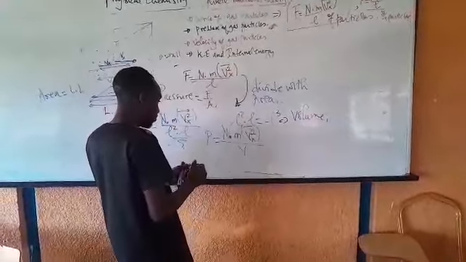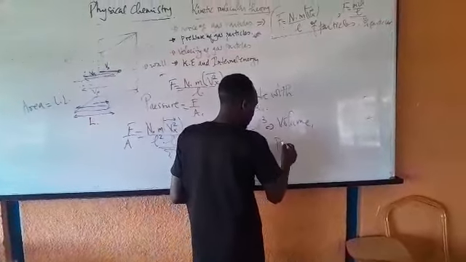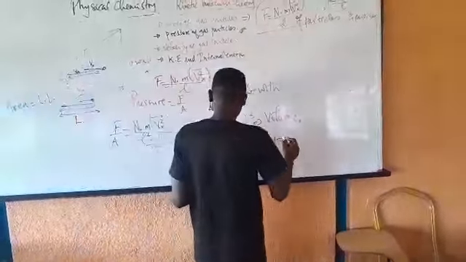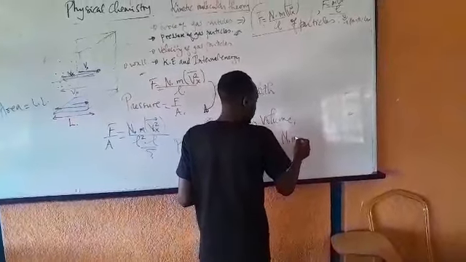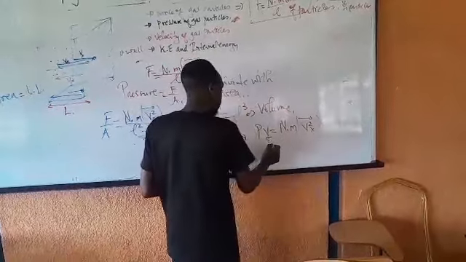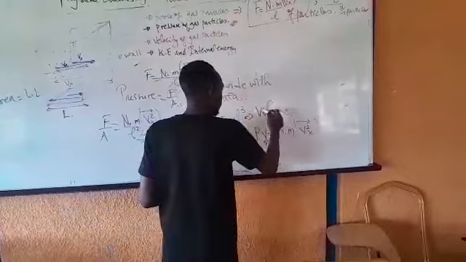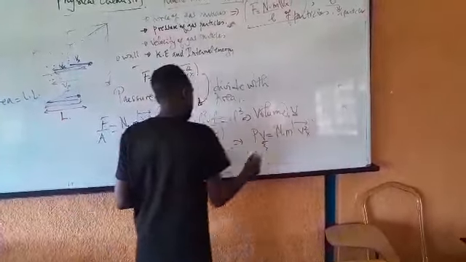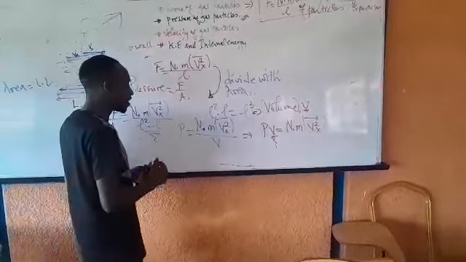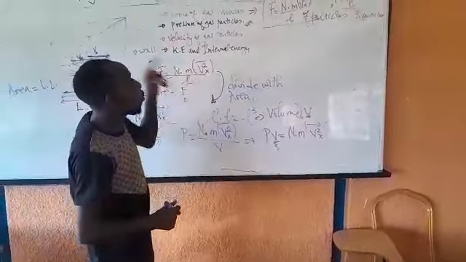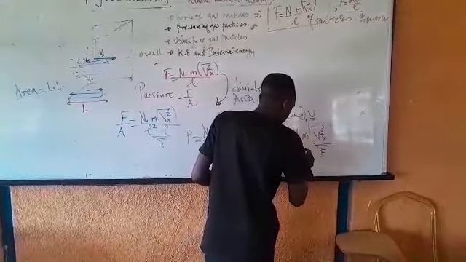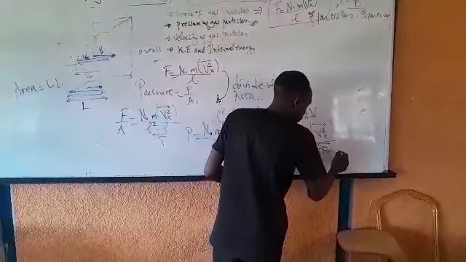That's where we have PV, and look at this, it gives us the formula of the ideal gas: number of particles, mass, V squared. Then that's how we can calculate the pressure of one particle of gas.